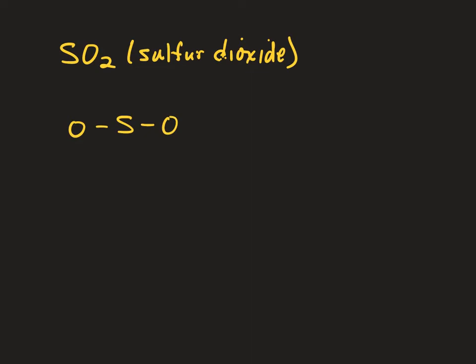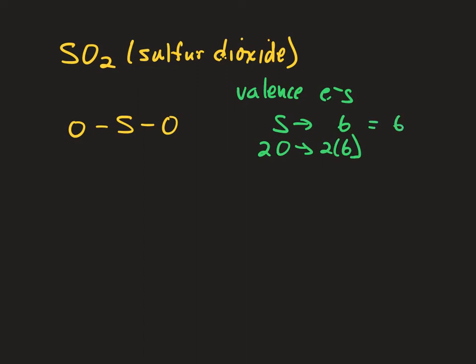If we look at our valence electrons, sulfur contributes 6. 2 oxygens contribute 2 times 6. So that's 6, that's 12, leaves us with 18.